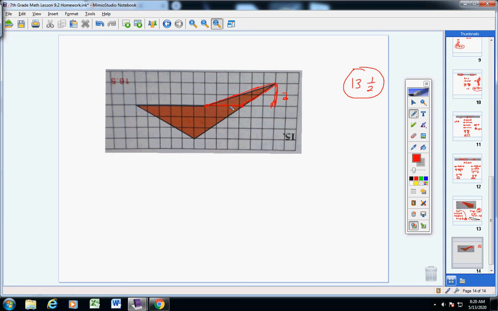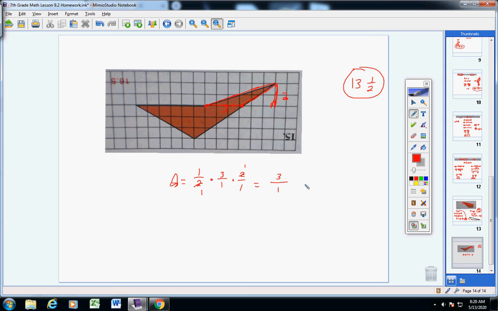So 1, 2, 3. So I have 1/2 times the base times the height. Your 2's cancel into each other. 1 times 3 times 1 is 3. 1 times 1 is 1.